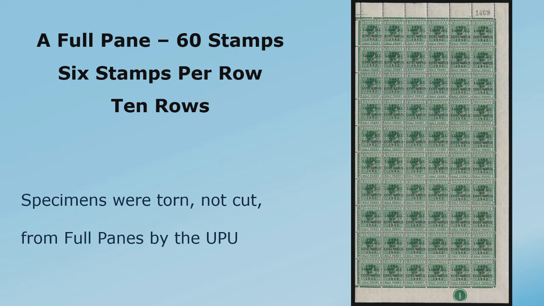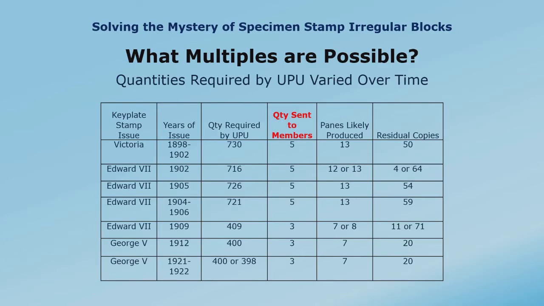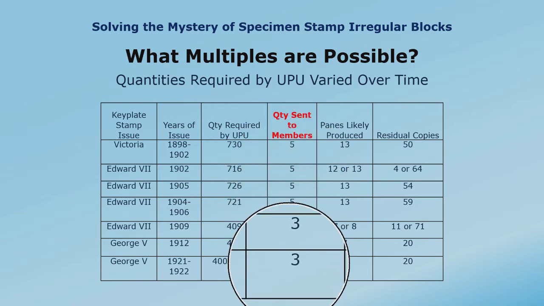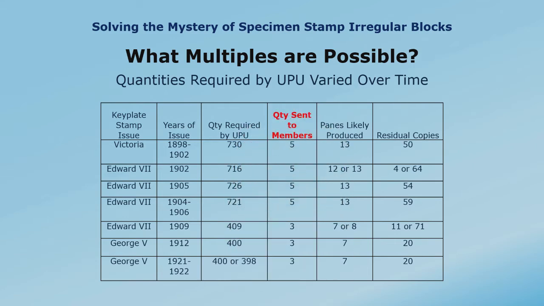If a full pane was shipped, or if a full pane was required, or multiples of a full pane, it was up to the UPU how they were going to tear them from perforated sheets into the quantity required. So you'll see here, for example, that as the quantities changed, sometimes it was 5, then later on only 3 were required for each member postal authority.